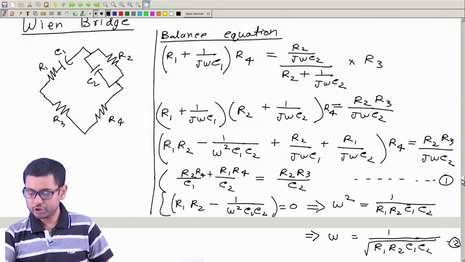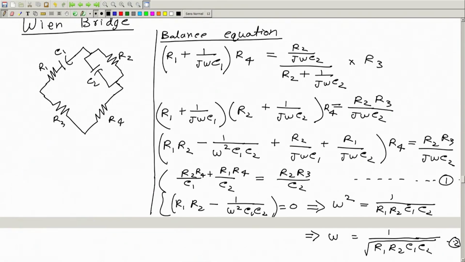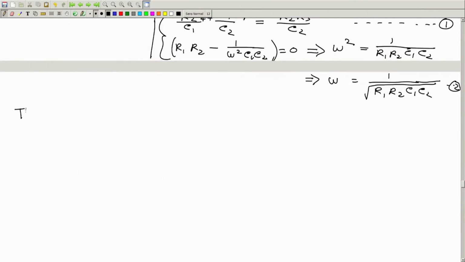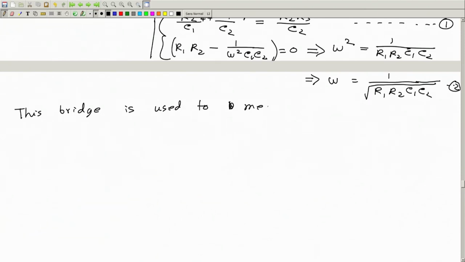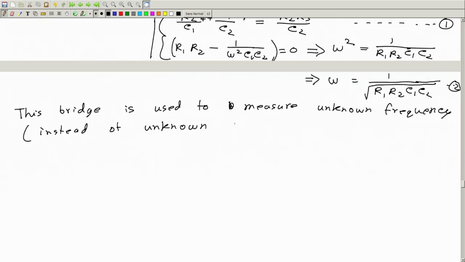This bridge is used to measure an unknown frequency, instead of an unknown capacitor. Okay. Because you see, the balance equation depends on this frequency omega.